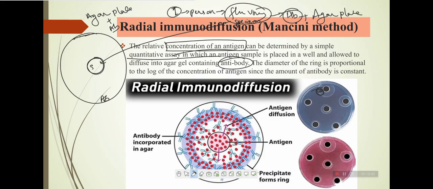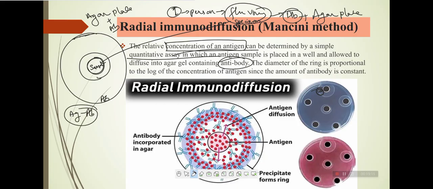If this person has the antigen against this antibody, then it diffuses and reacts with the antibody and forms an antigen-antibody complex.